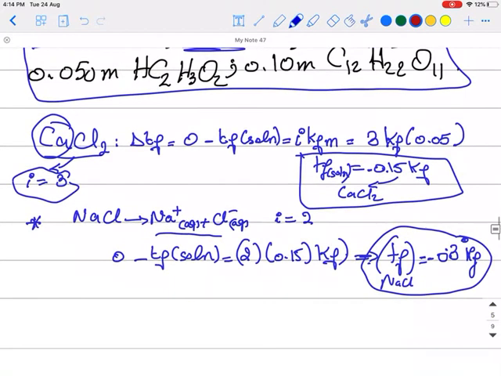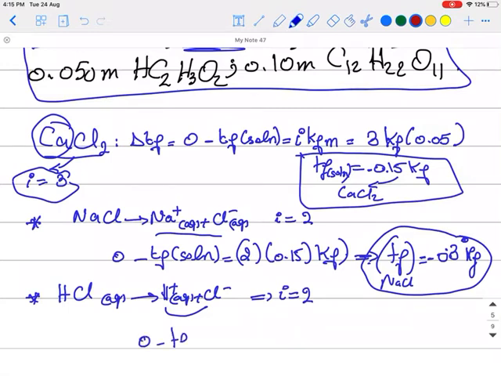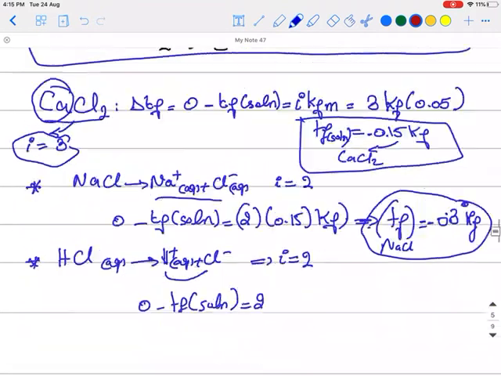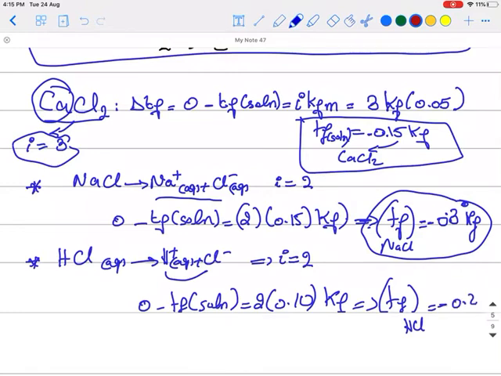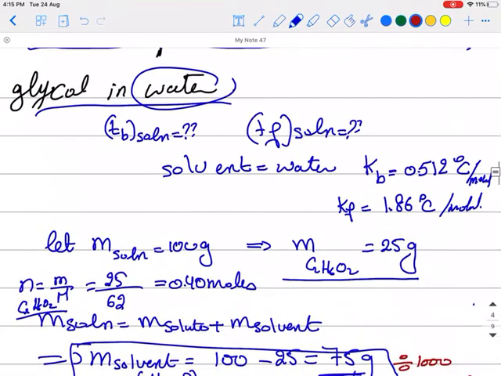Similarly, I will find it for HCl, 0.10 molal. HCl in water gives 2 ions, H plus and Cl minus, so i equals 2. So 0 minus T_f of the solution equals 2 times its molality, 0.10, times K_f. So T_f of the solution for HCl equals negative 0.2 K_f.